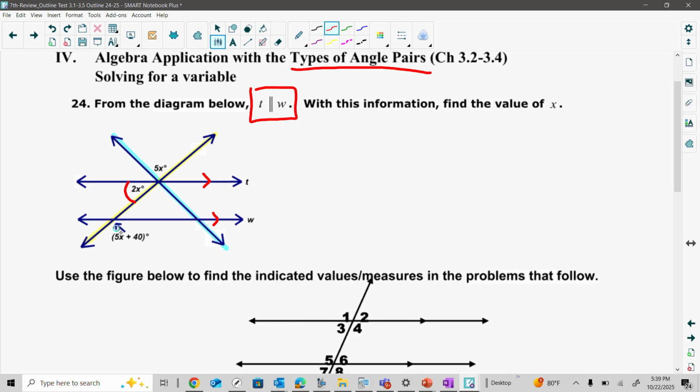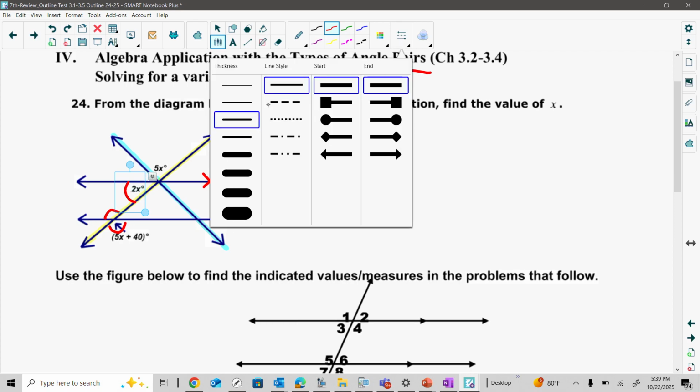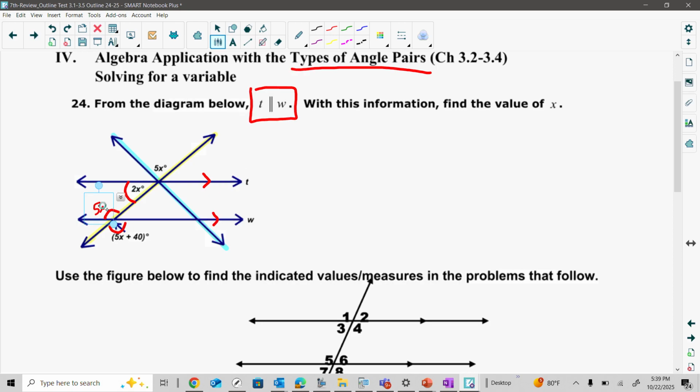This is inside. So what I'm going to need to do is recognize I can use vertical angles right here, which means they're congruent, which means this 5x plus 40 is now in between the parallel lines.